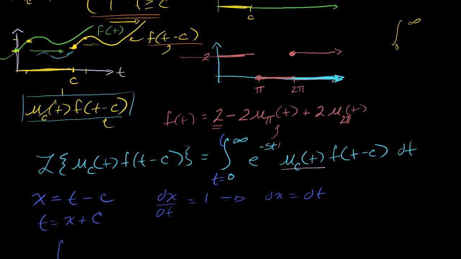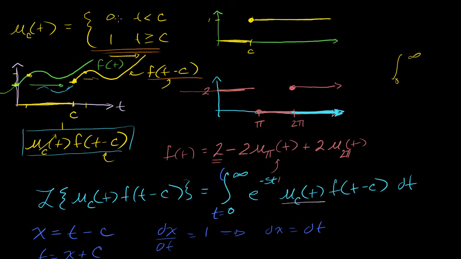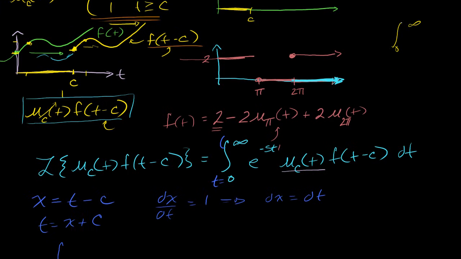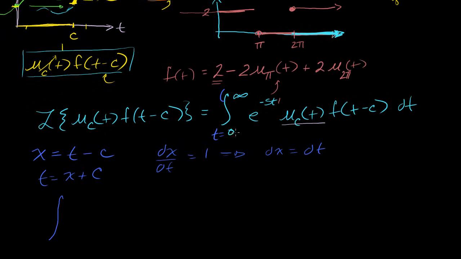By definition, this unit step function is 0 until we get to c, so everything's going to be zeroed out until we get to c. So we don't have to take the integral from t equals 0 to t equals infinity. We could take the integral, let me write it here, I'll just use that old integral sign.